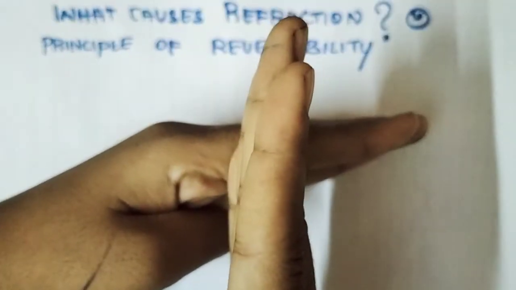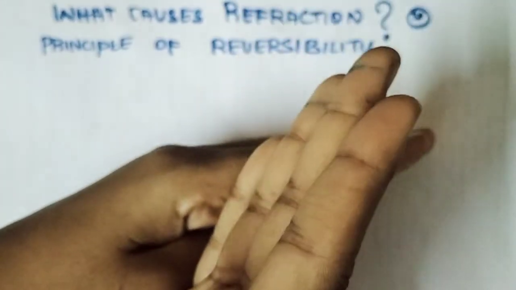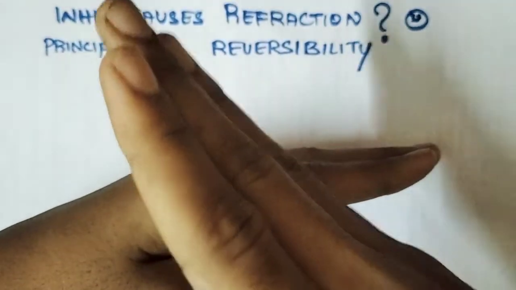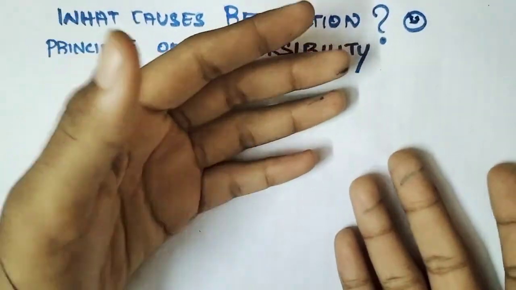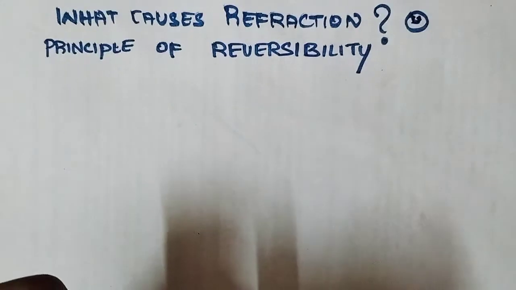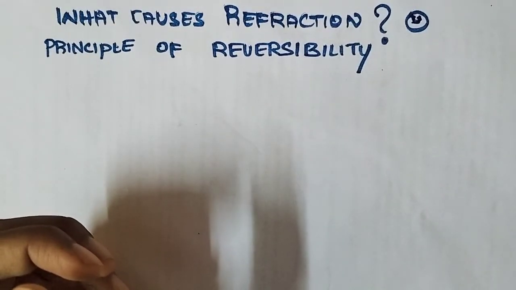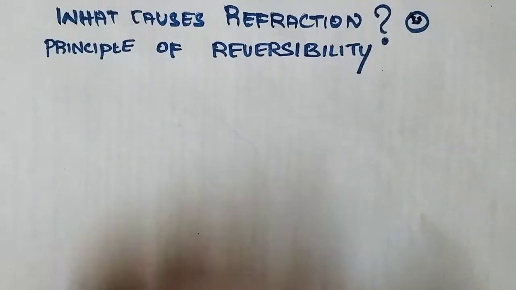How does this happen, and what causes these directions of refraction? We are also going to see the principle of reversibility in this video.